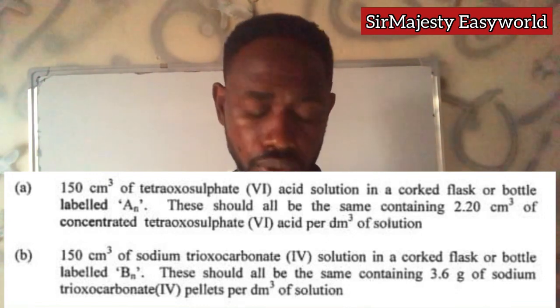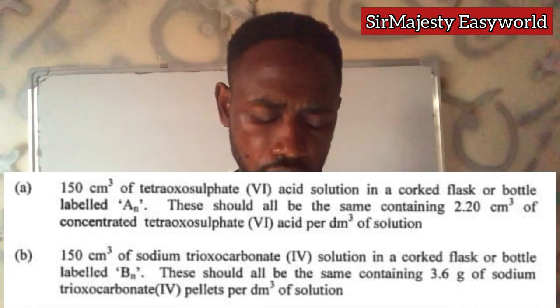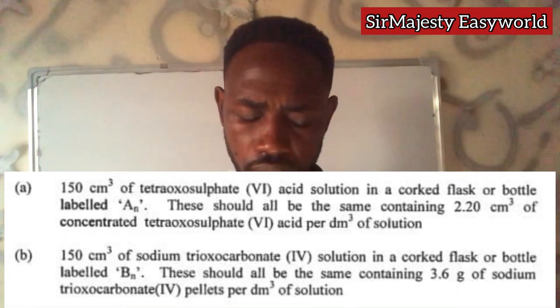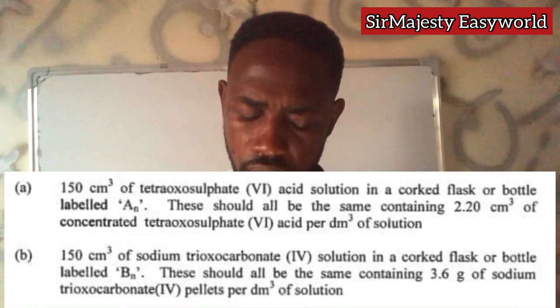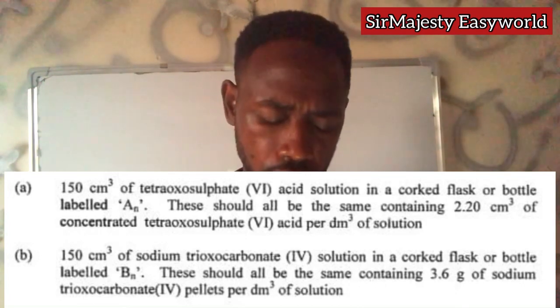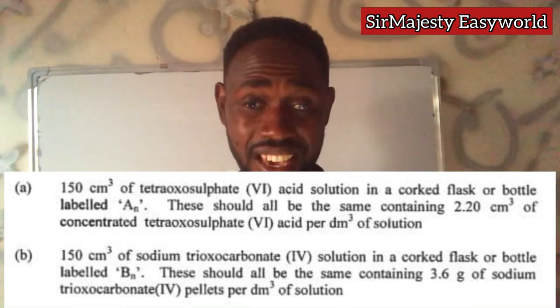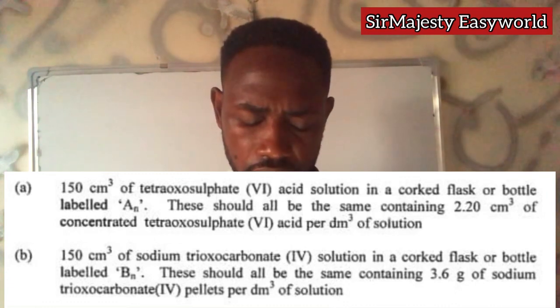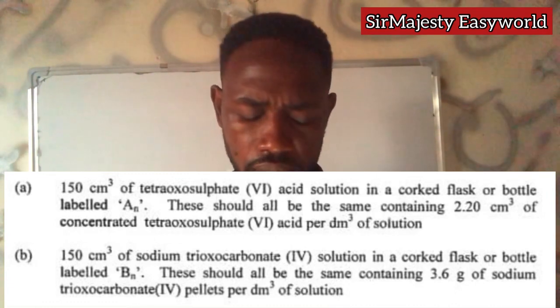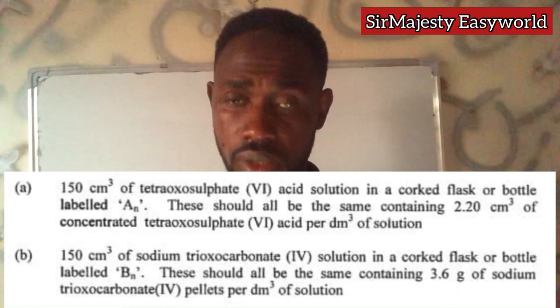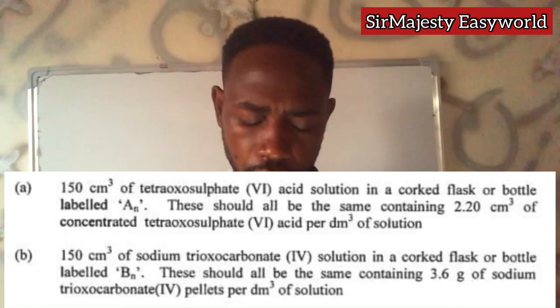Where we have a job to do is in solution A, but solution B says 150 cm cube of sodium trioxocarbonate 4 solution in a corked flask or bottle labeled BN. Remember, the N is actually the candidate's registration number. These should all be the same, containing 3.6 grams of sodium trioxocarbonate 4 pellets per dm cube of solution.